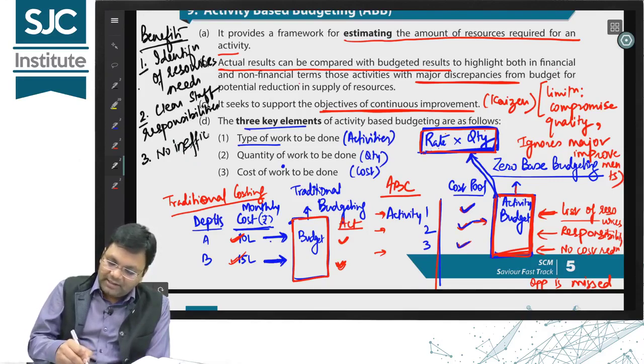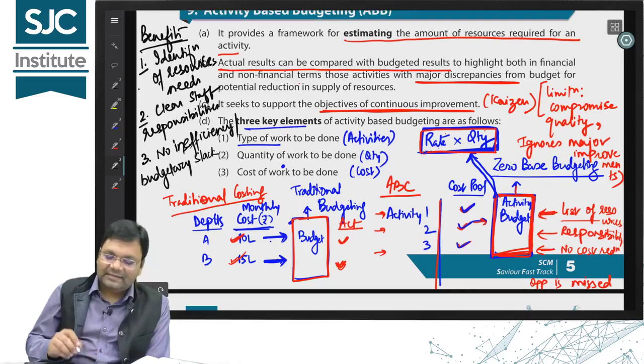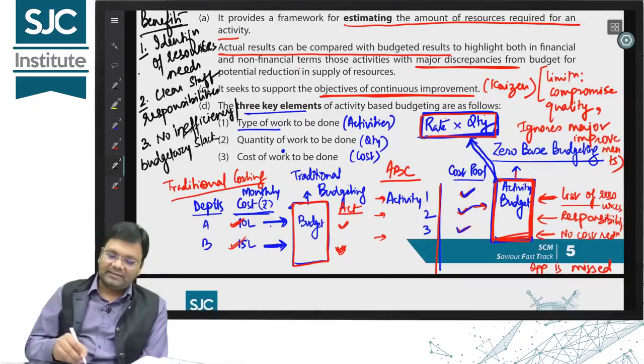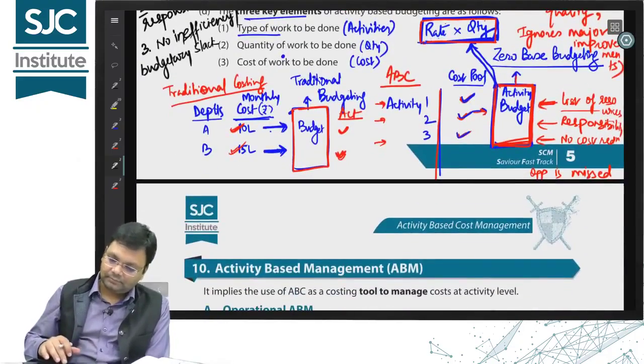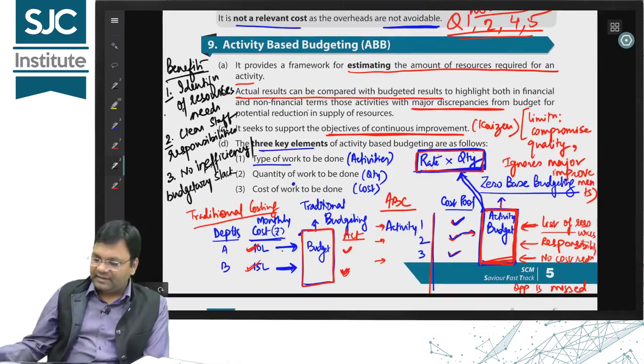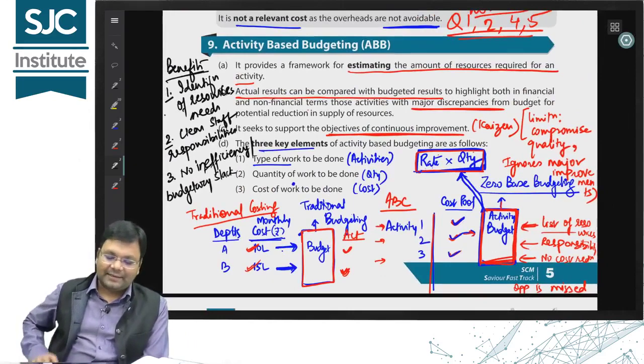We also call inefficiency by another name, budgetary slack. No inefficiency or budgetary slack.